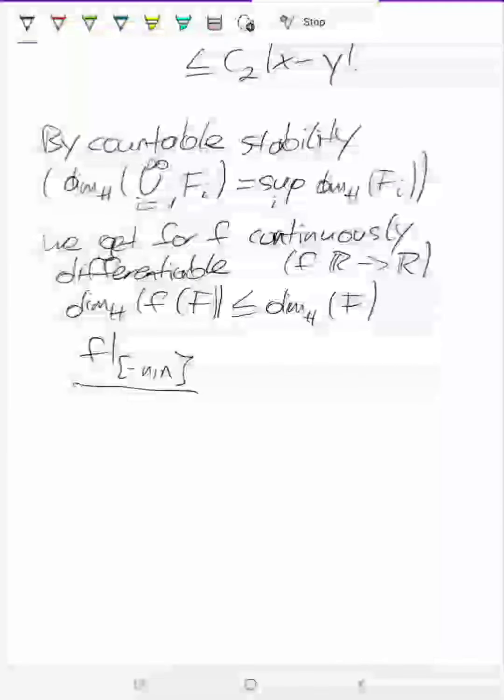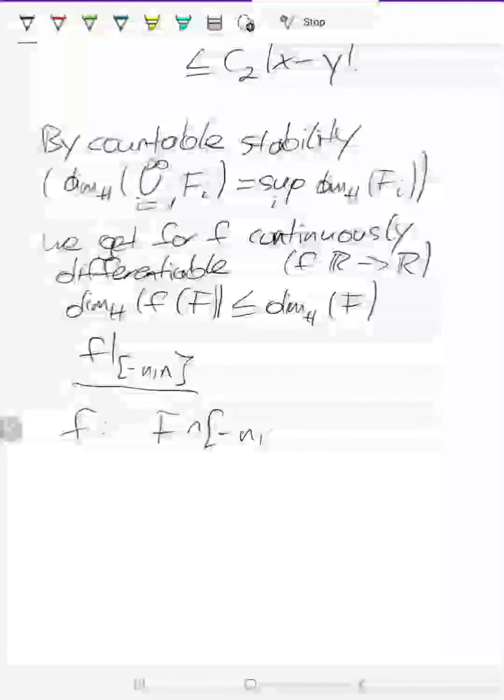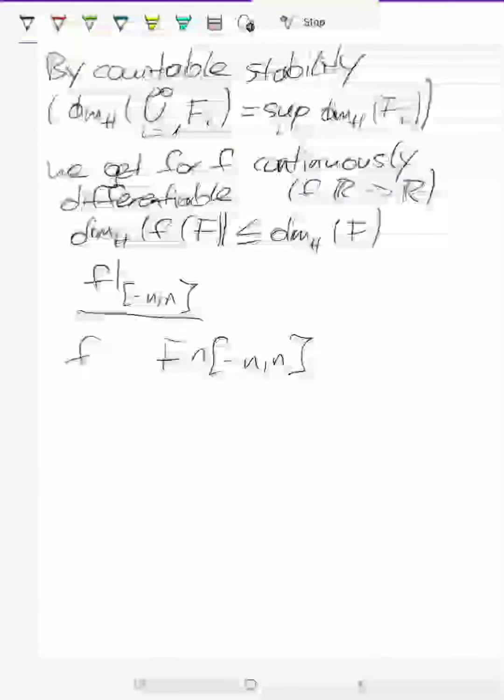So maybe to be more precise, we don't look at the restrictions, but we look at f and the sets f intersected with minus n to n. Okay, so that's it for today.